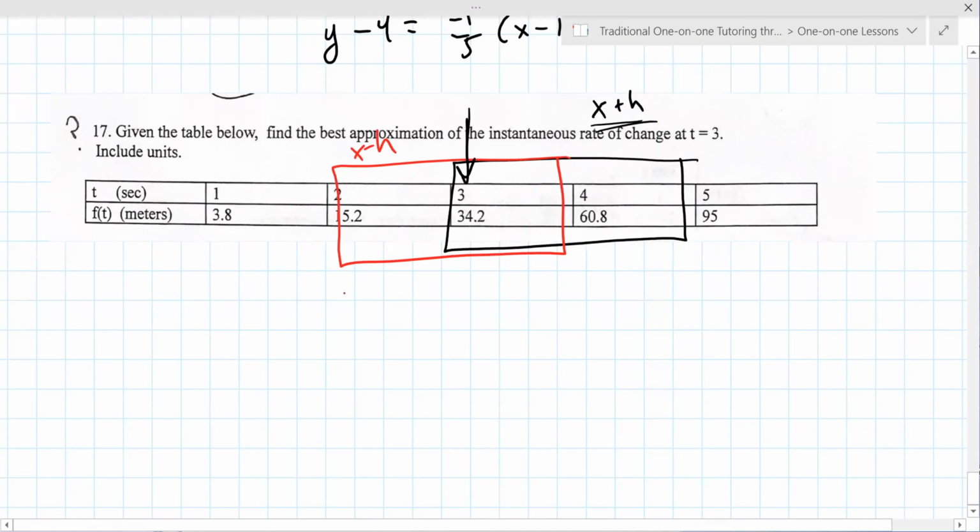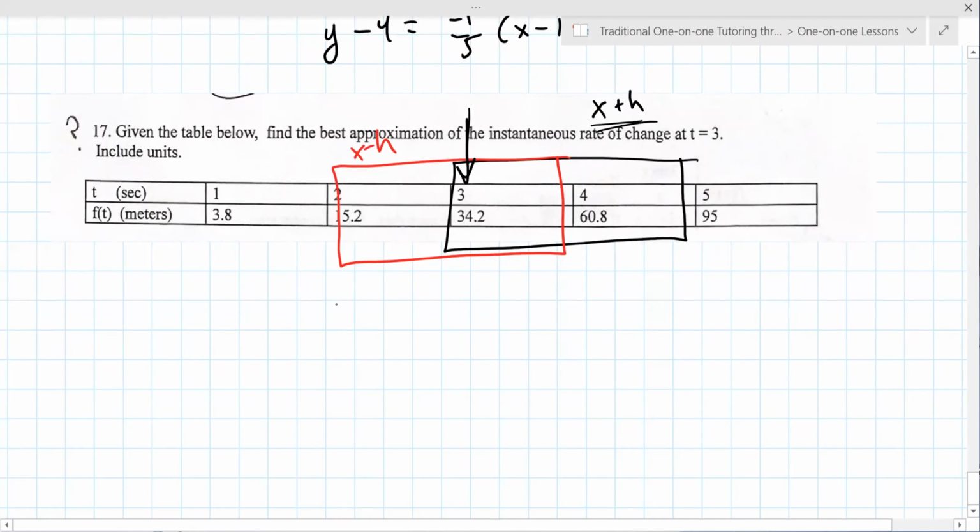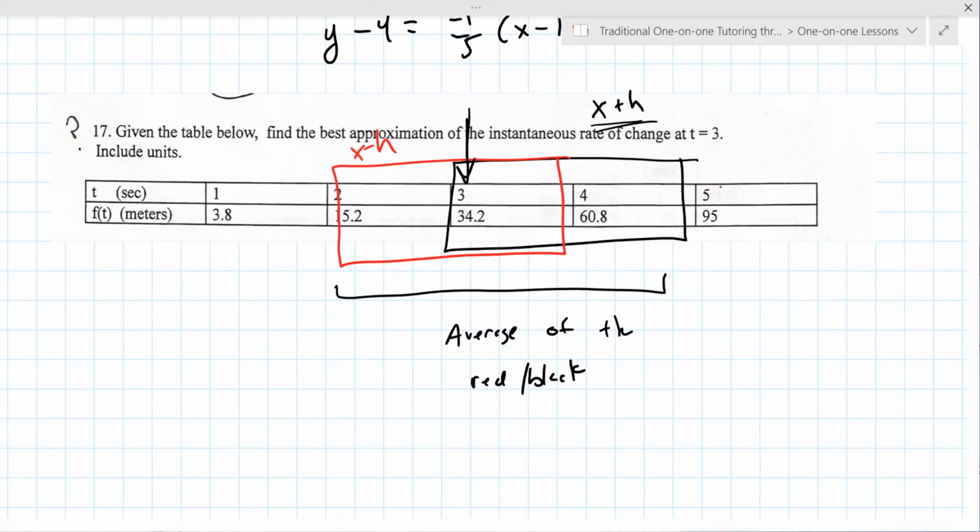And then there's another, and these are methods you learn in numerical analysis classes. Another school of thought is to use the average of these, of the red and the black. But if your instructor accepted first and last, great. So the right way to do it is to use 3 and 4.